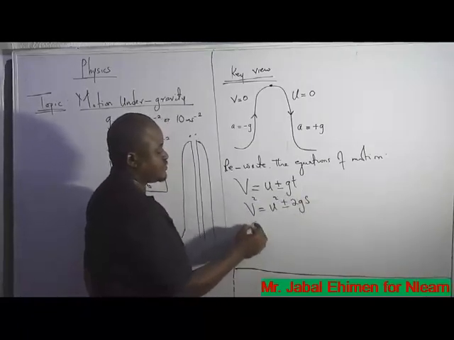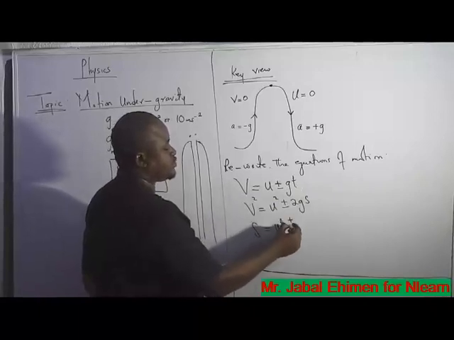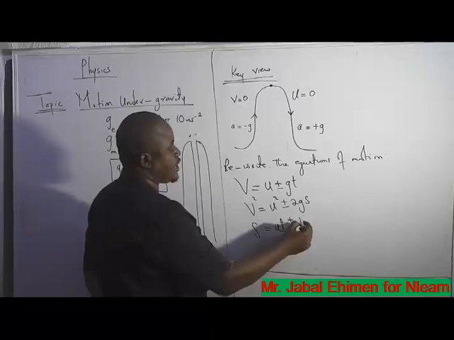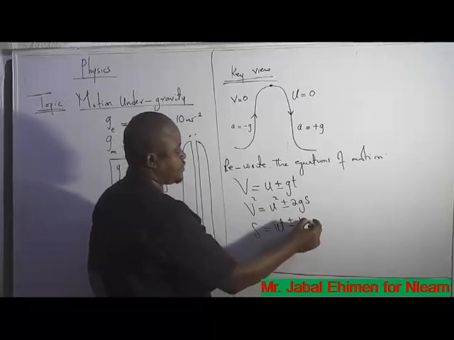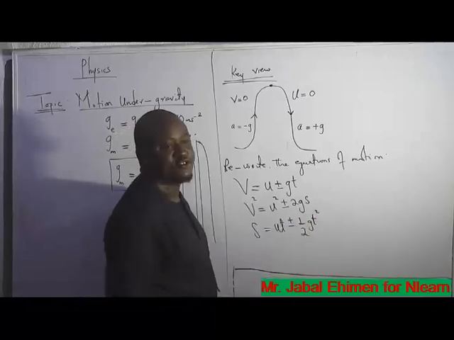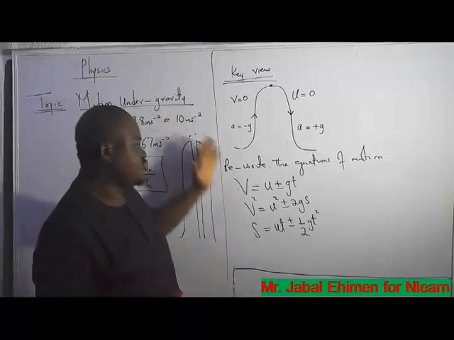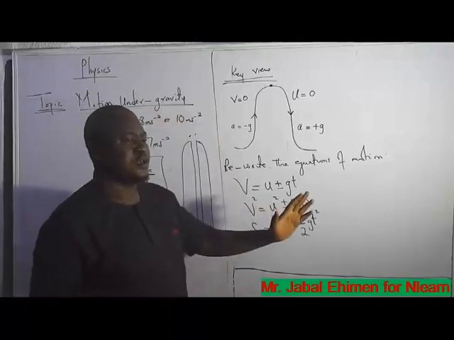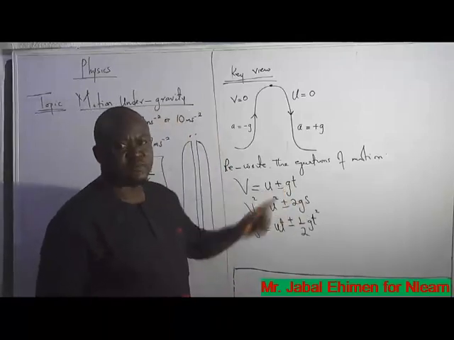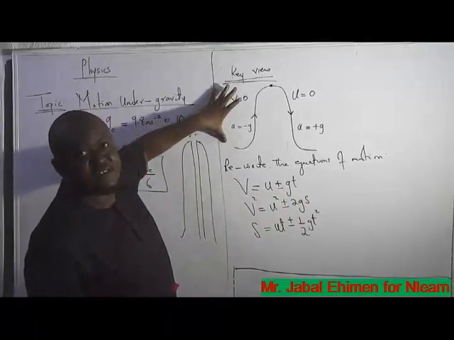And the last one is s equals ut plus or minus half gt squared. So that is why sometimes when you're reading, you see some questions having the value of a, and sometimes you're having the value of g.